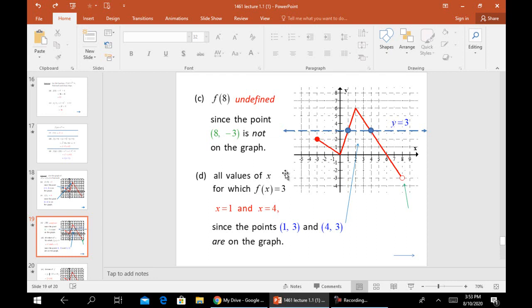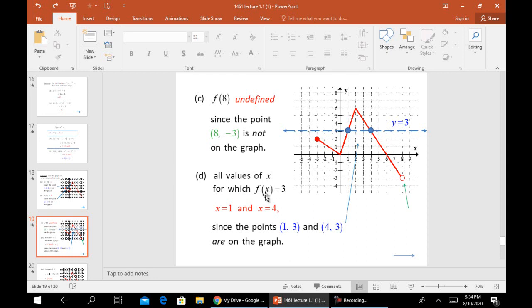So what are the values of x for which f of x is 3? I want to solve this equation, f of x is equal to 3. That is, I want to find all the inputs x for which f of x is 3.